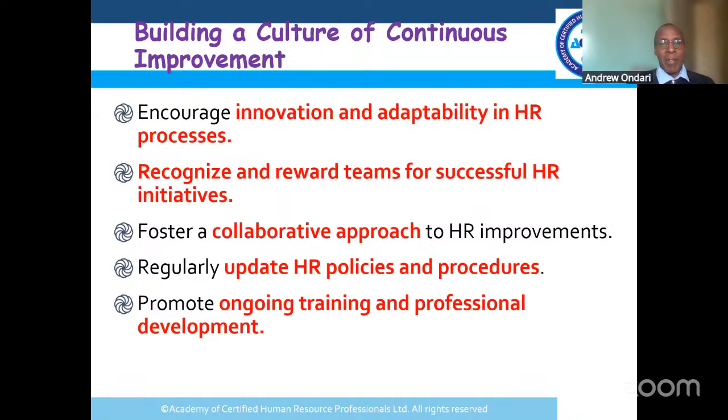And again, it's a legal requirement under the IHRM Act that for you to get your licenses renewed, you need to demonstrate that you have enhanced your skills through CPDs, continuous professional development. So again, I want to encourage us to train our employees, not only in their areas of specialization, but on other matters to do with HR, particularly HR policies, HR practices, HR processes, and legal compliance.